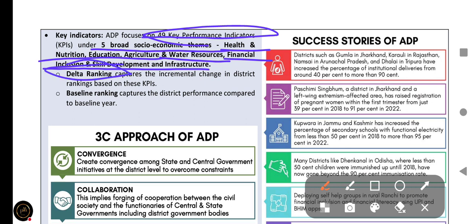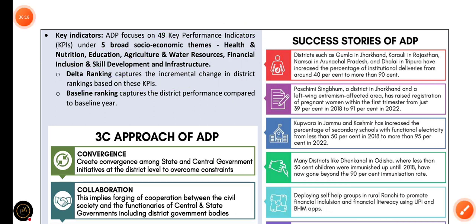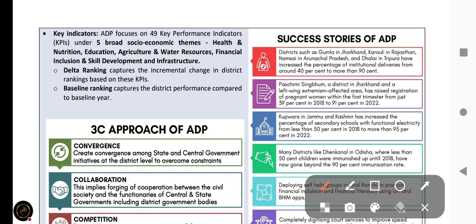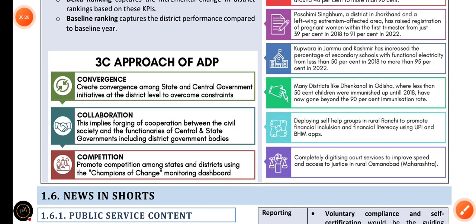Delta ranking captures the incremental change in district rankings based on these key performance indicators. And baseline ranking captures the district performance compared to baseline year. Okay, so you can remember this.